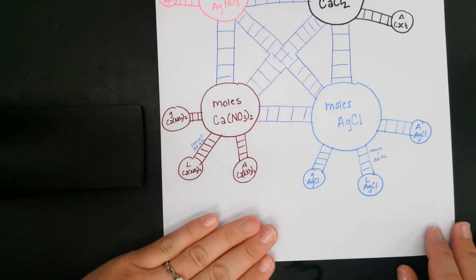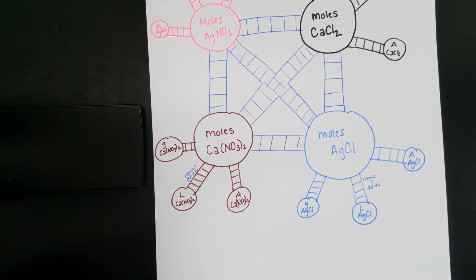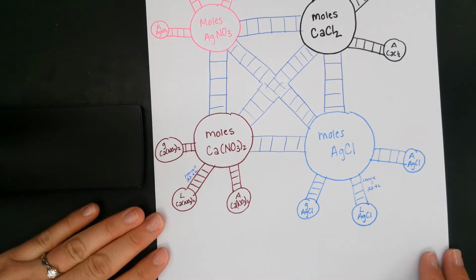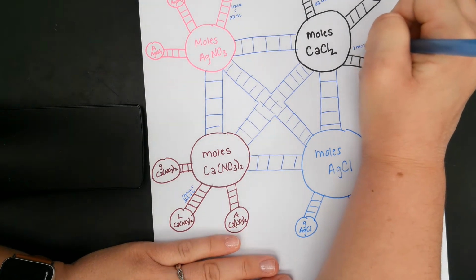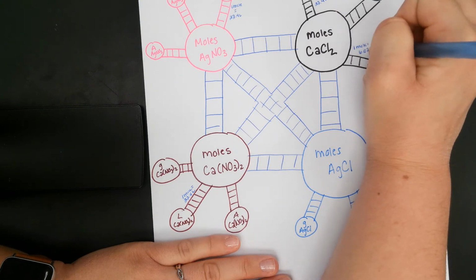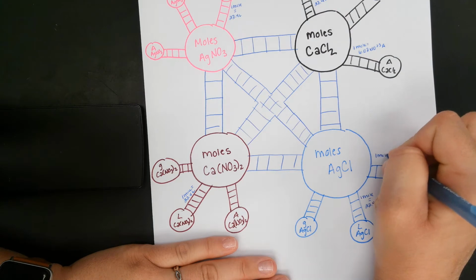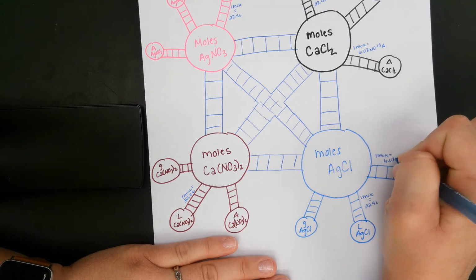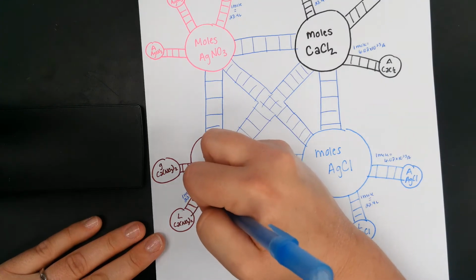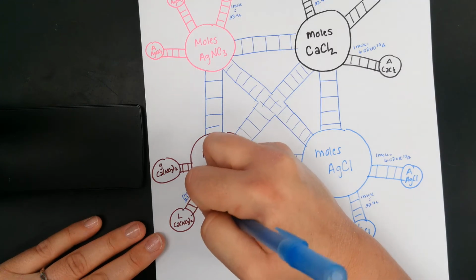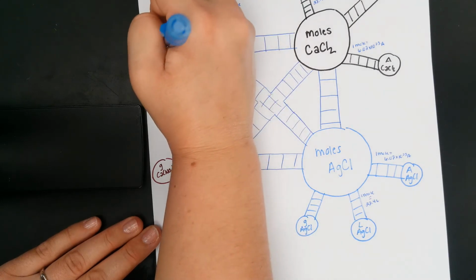Every single one of those, if you're trying to go from moles to liters or liters to moles, it's still 22.4. If you're trying to go to atoms, that one's still the same. 1 mole is still equal to 6.02 times 10 to the 23rd atoms on all of them. It's the same over here. And it's the same over here.